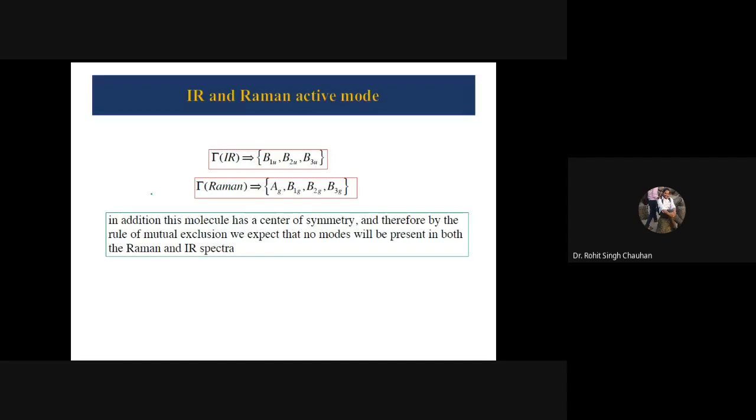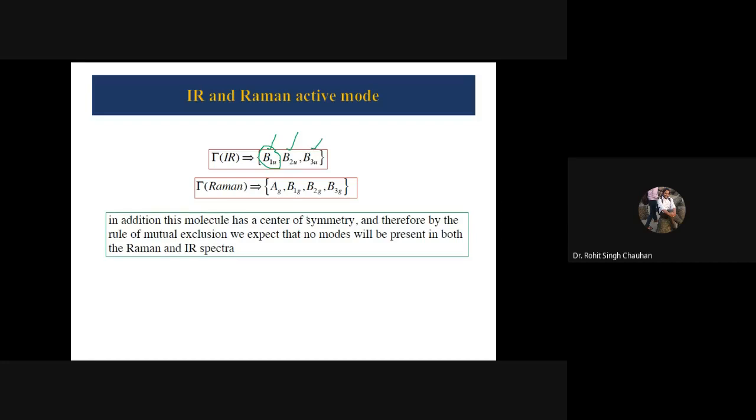Now, if you see IR from the character table, it is B1U. B1U is here, in Raman no. Okay. B2U, now see, is B2U present? No. Now B3U, is B3U present? No. So this IR is okay, and by default, Raman is also checked.